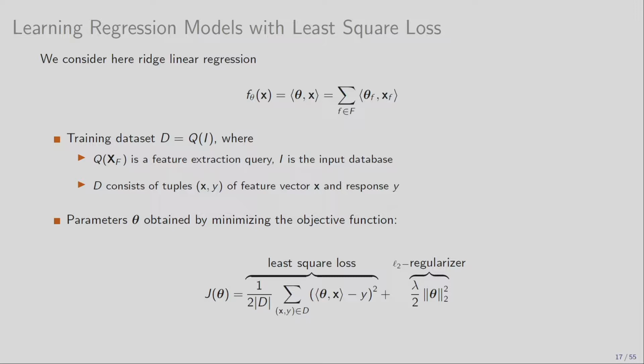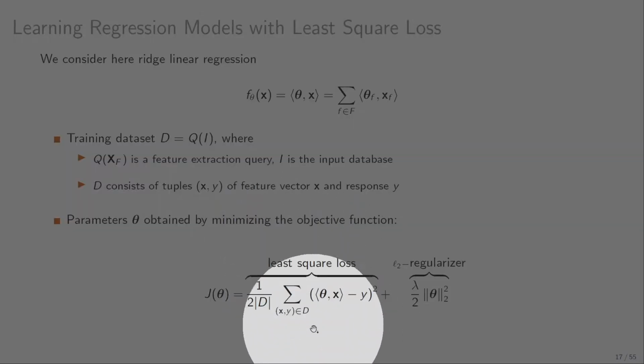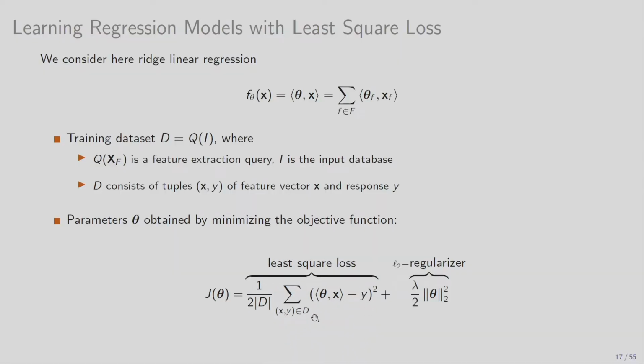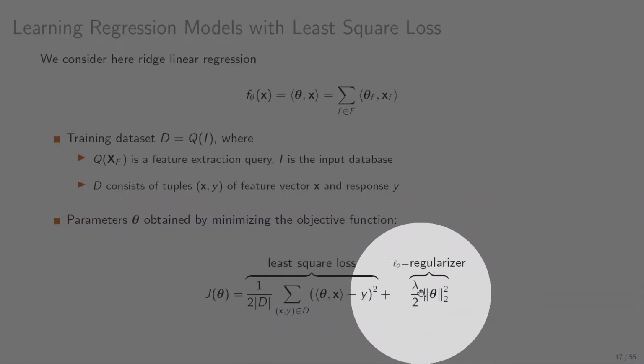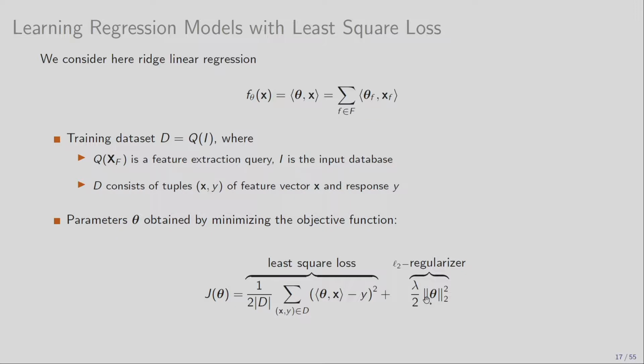Then I square that error and sum these errors over all samples in my training data set, and what I want is to minimize this function. The second component is the regularizer, which tells me that I would like to avoid some overfitting. This is the L2 norm of my parameters theta, and I will try to minimize that as well.